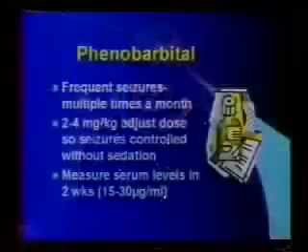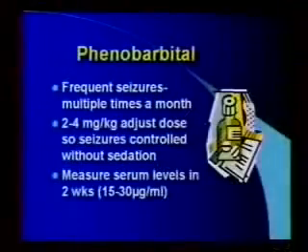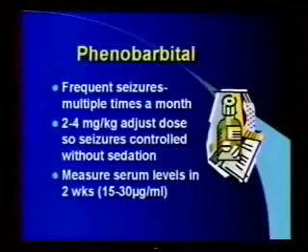If we can go back to the slides just 2 minutes, I'd like you to focus on the last point, and that is serum levels. After they've been on a consistent dose for 2 weeks, we need to measure the serum phenobarbital level to see where we're at, because you cannot go by just a dosage to figure out if the seizures are going to be under control or not.